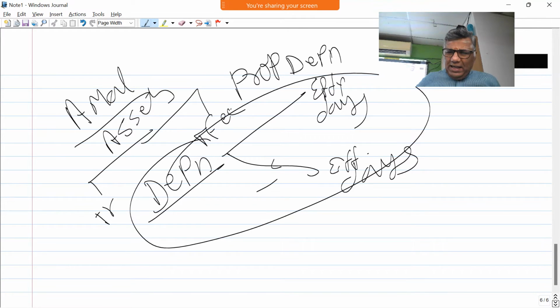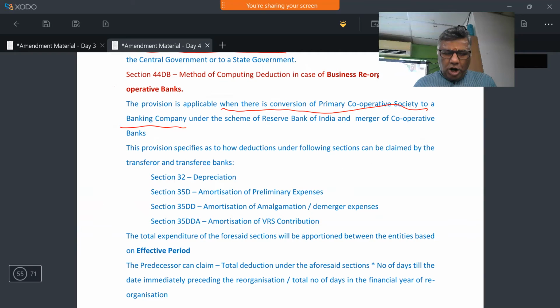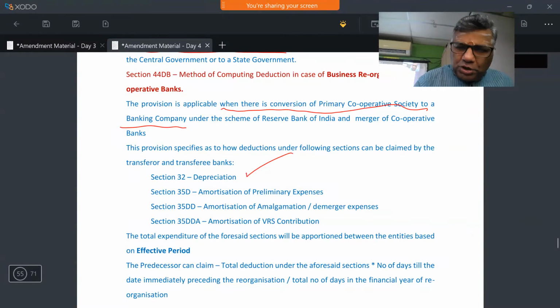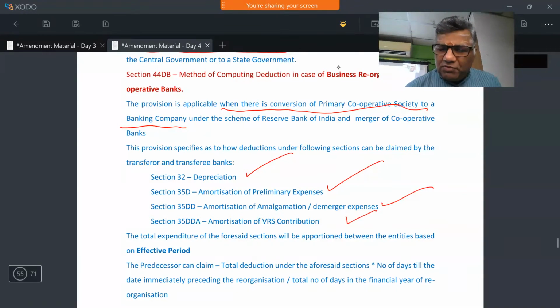Here also it is the same. Year of transition, how to handle. Section 32 depreciation, how to handle. 35D preliminary expenses, how to handle. Amalgamation, demerger, VRS compensation. Okay, year of transition.